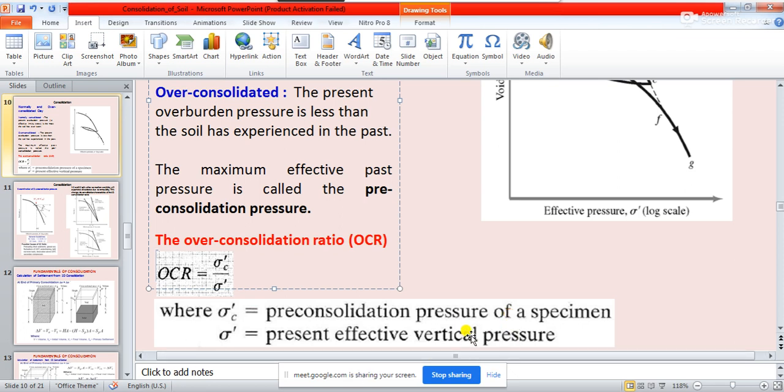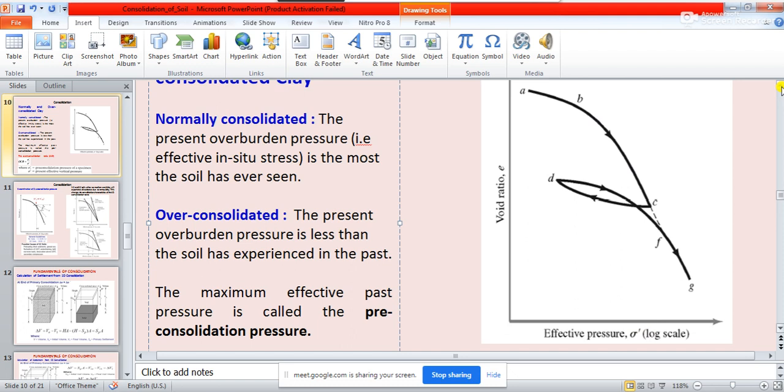So the present effective vertical pressure on the soil will be how much? 80 kilonewton per meter square. So the over consolidation ratio will be 100 divided by 80. If any soil has an over consolidation ratio greater than one, that is an over consolidated soil.